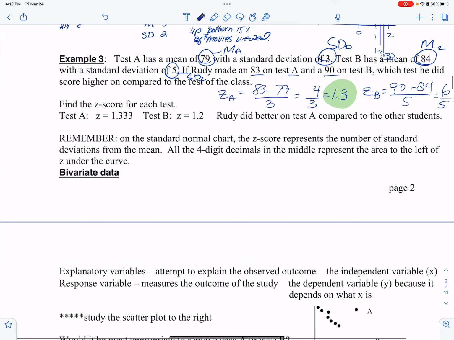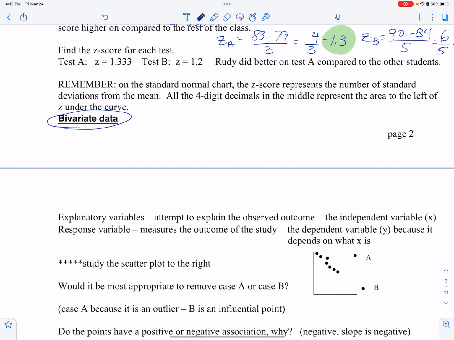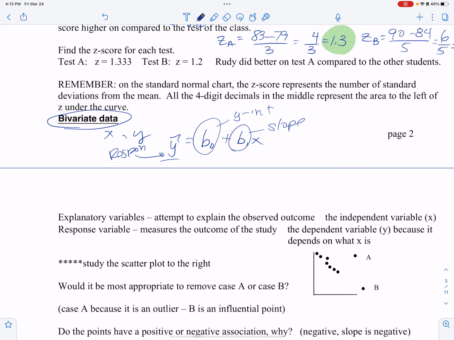Now we're going to do two variable data, basically bivariate data. Bi means two, and when we have an x and a y, where you have y hat equals b naught plus b1x, where b naught is my y-intercept, b1 is my slope, and y is my response variable, and x is my explanatory variable.